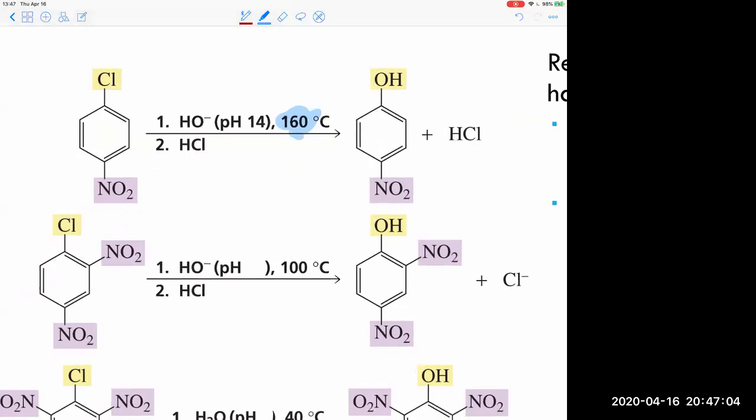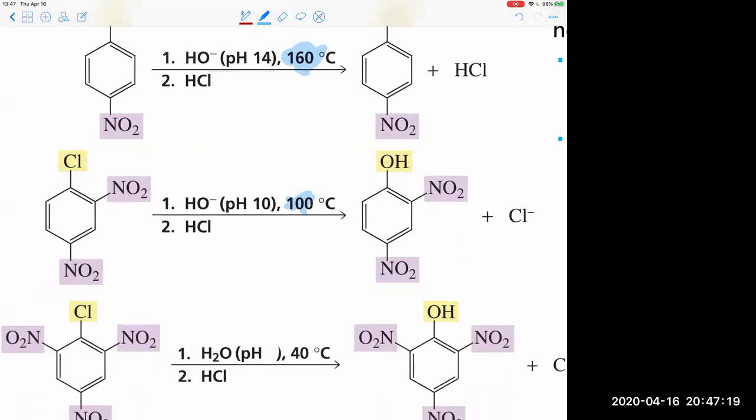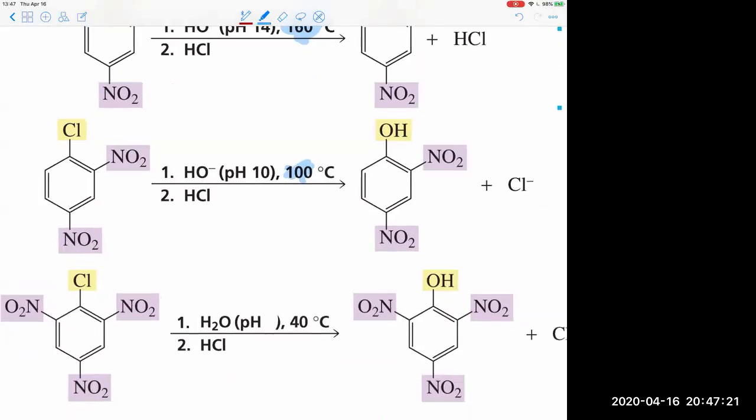Well, if I have two nitro groups on there, their electron withdrawing ability is just that much greater. So I can do so at a pH of 10, and now I only have to take it to 100 degrees. And lastly, if I have all three nitro groups on there, you can do this at a pH of 7, so just using water.